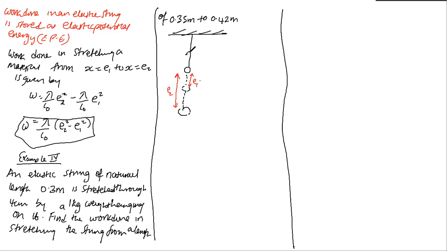Now it has a tension in the string, which can be the force in the string, and the weight of the body is 1 kilogram, which is 1 g Newton. So from tension is lambda over original length times extension.